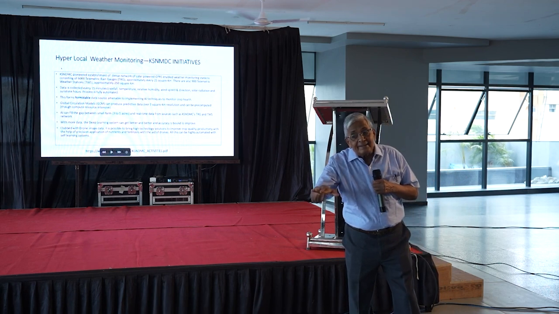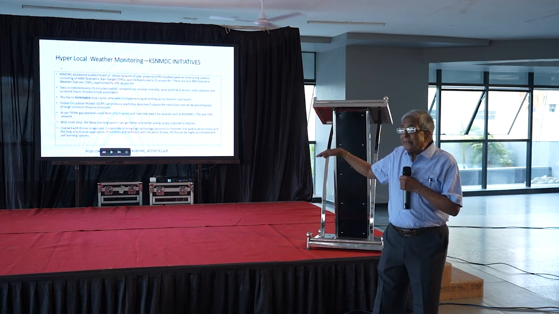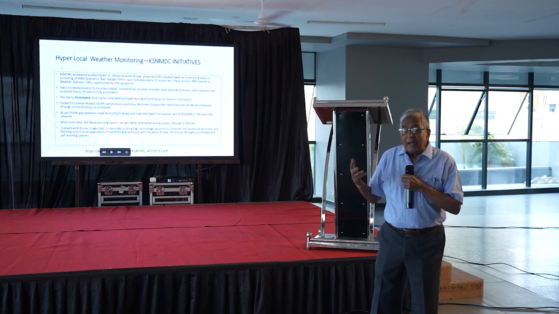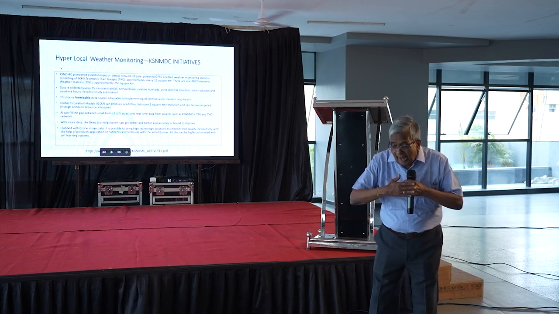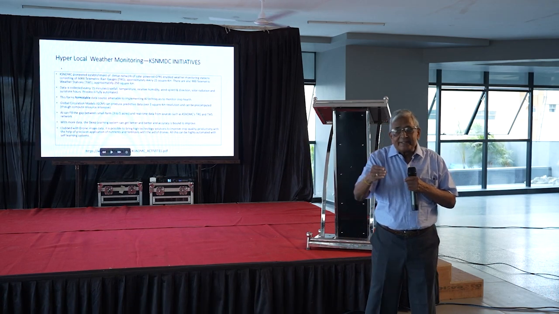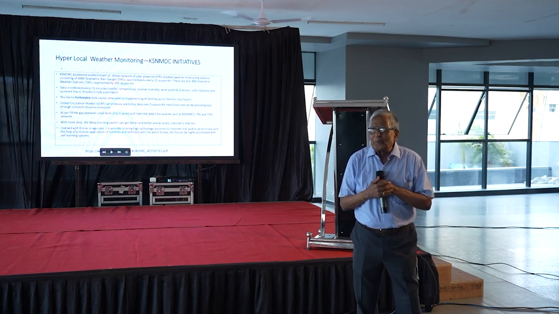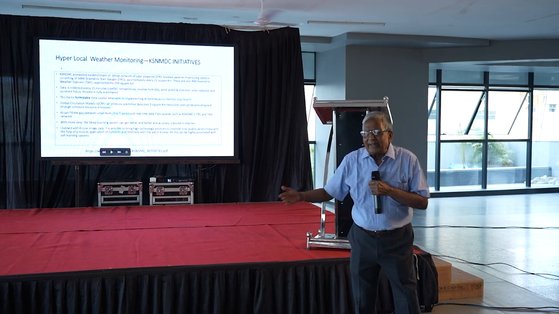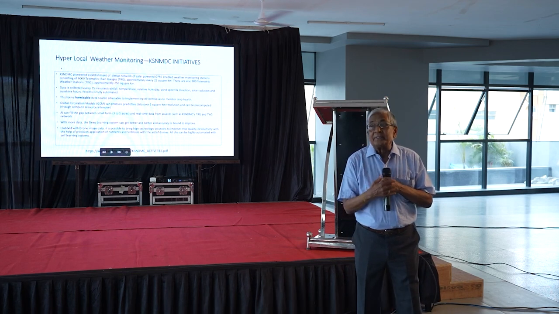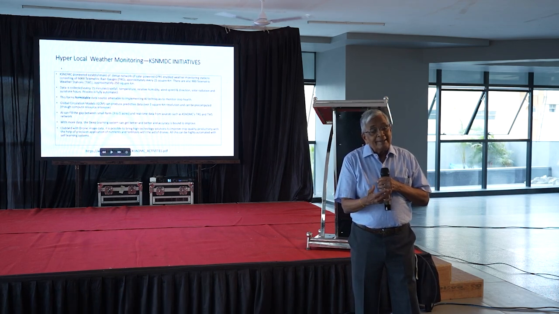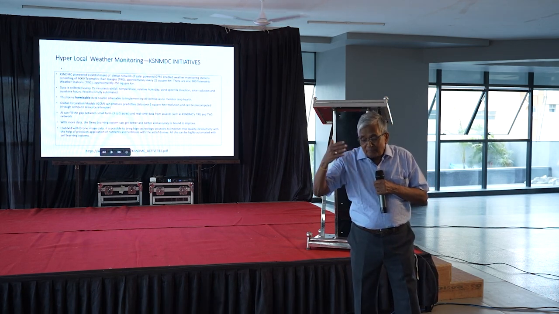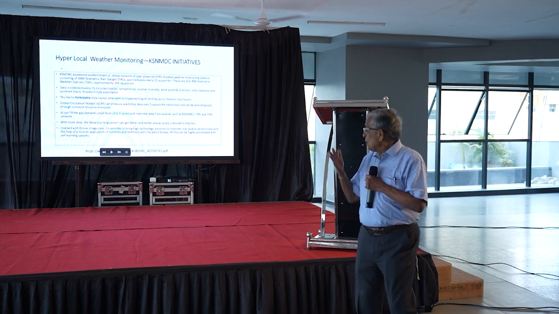I have not seen any other state in the country which has even one-fifth of this. And that knowledge base is available. The cost of the weather station when they first installed it was about 20,000 rupees. Today it may be about 1 lakh or 1.5 lakh, still pretty cheap. And I thought the technology is available. There was one of the industries manufacturing them. Next.